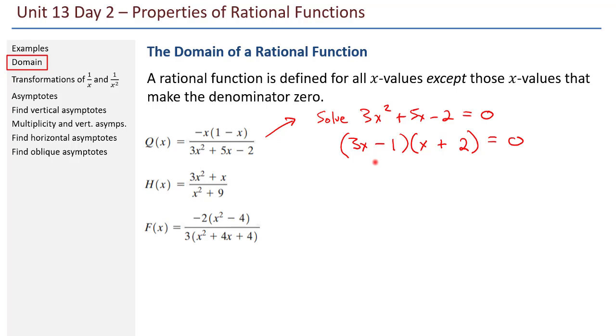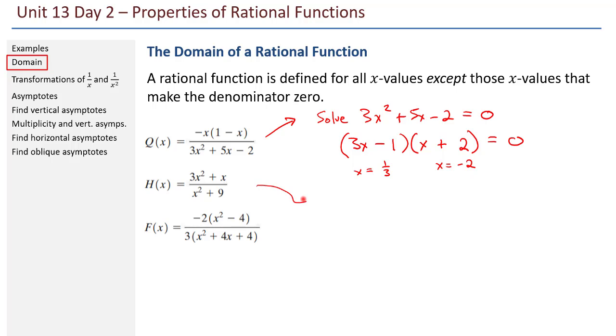Now, what are the x values that make each of these factors 0? Well, the right one is easy. That's just x equals negative 2. But what about on the left? 3x minus 1 equals 0? Think about it for a little bit. It turns out x equals 1/3. So the domain of q of x is all real numbers except 1/3 and negative 2.